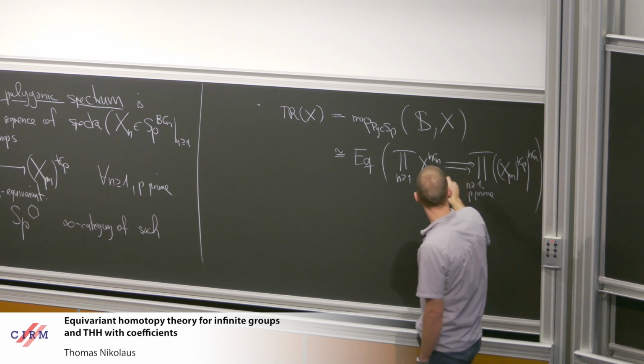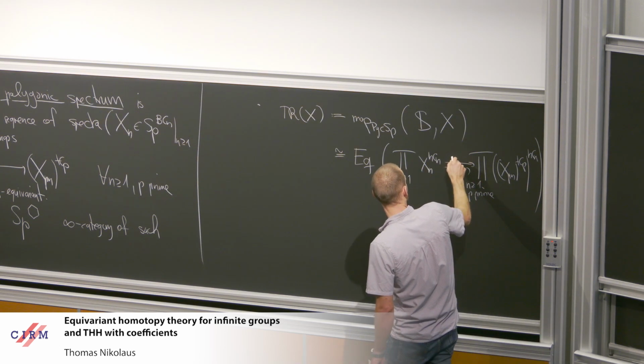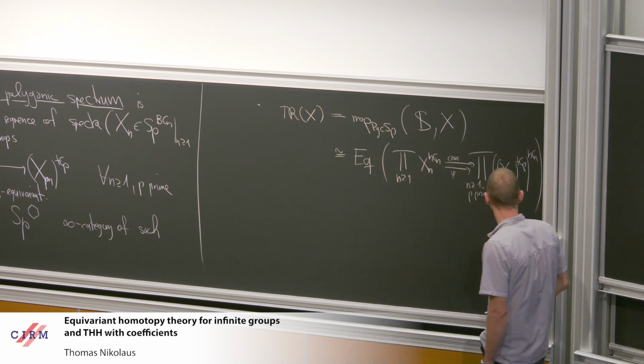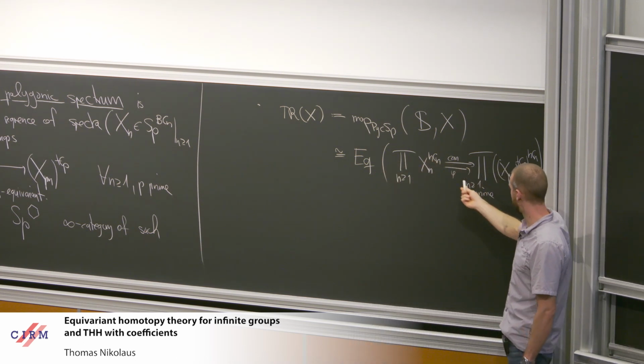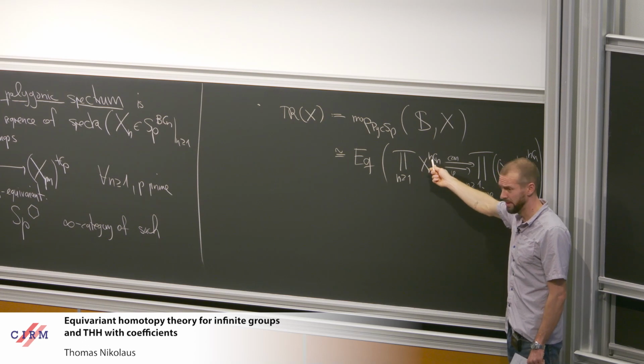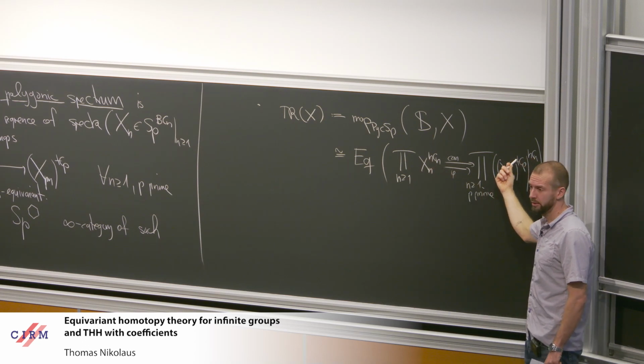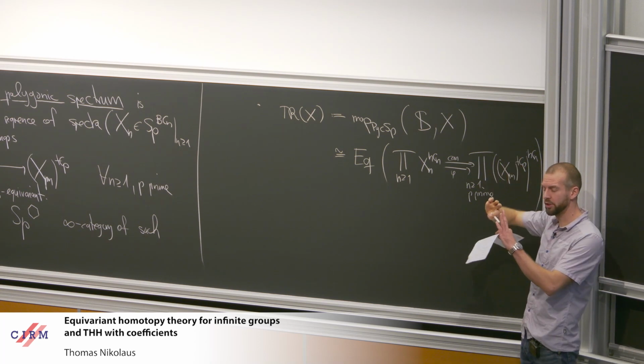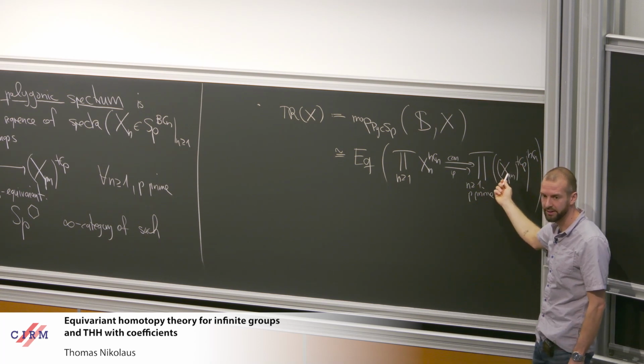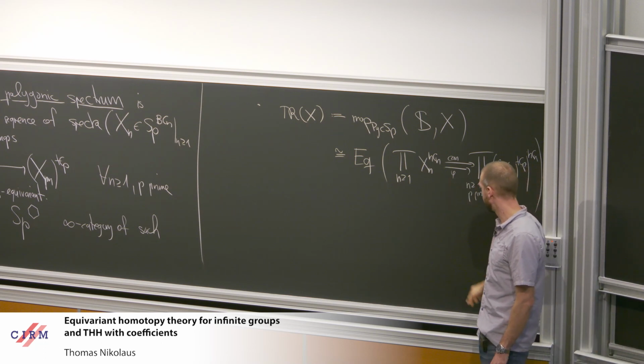And it turns out there are two maps. One map is called the Can map, and one map is called phi. The Can map comes from the projection from X_n homotopy fixed points for C_{pn}, you can project to X_{pn} Tate C_p homotopy fixed points for C_n. It comes from the projection from the homotopy fixed points to the Tate on the inside, and the other one is induced by the map phi.